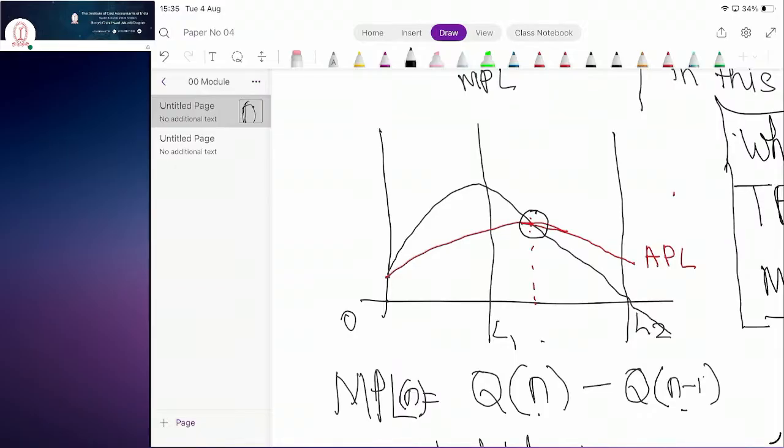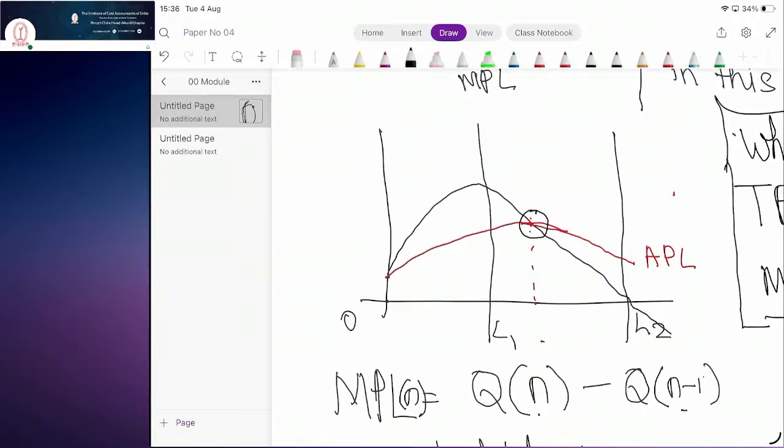Okay, fill in the blanks with this. Look at question number 52. A production function refers to the relationship between inputs and what? What will be your answer?